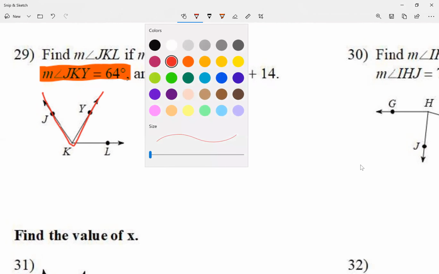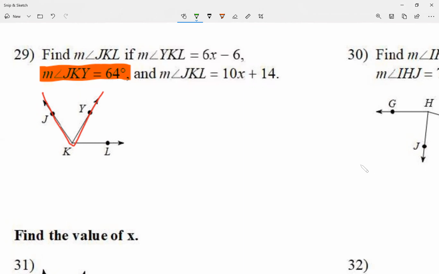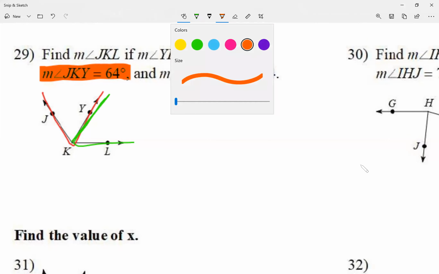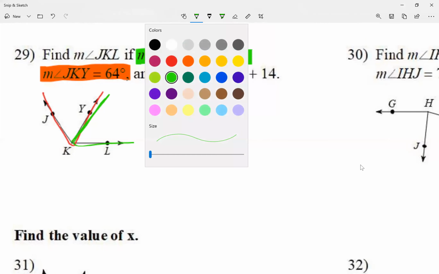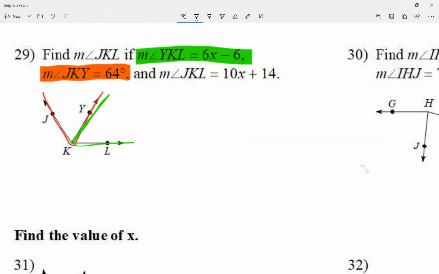Another small angle that I see is this one, YKL or LKY. For that, I know the measurement of YKL is 6x minus 6. So let me add those two small angles. I'm just going to write 64 plus 6x minus 6 equals, right?